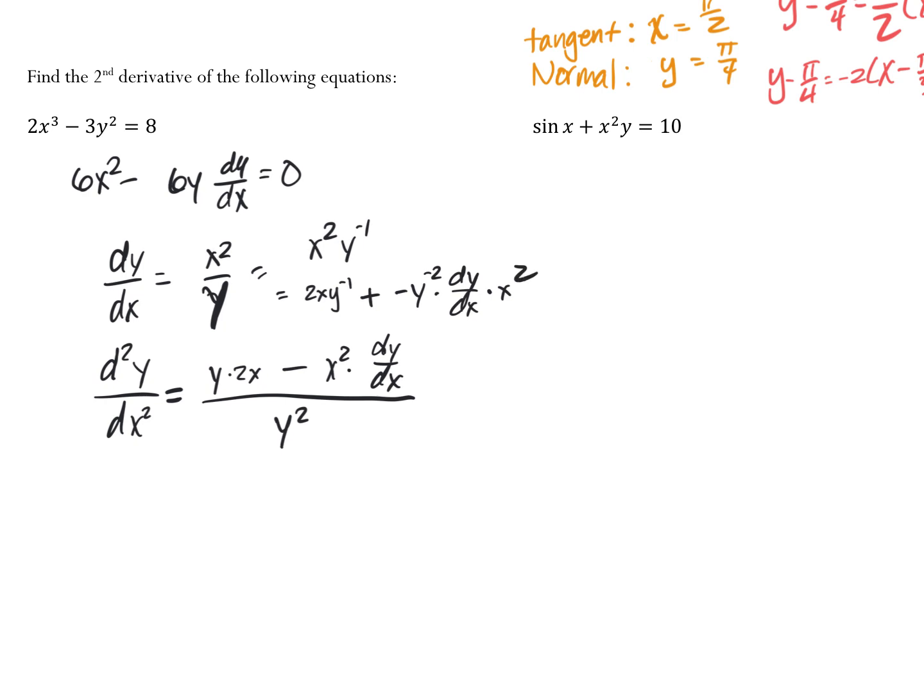If you did the product rule, that's what you would need. I'm just confused as to what the chain rule is. You're taking the derivative of y to the negative first, which is negative y to the negative second times the derivative of y, which is dy dx.